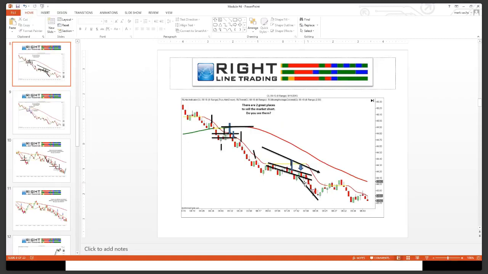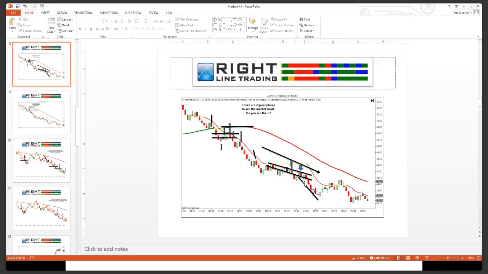Remember, market structure is not just the 50 and the 15. Market structure is created by a series of falling candles or a series of rising candles. That's telling us who's in control of the market, the bulls or the bears.